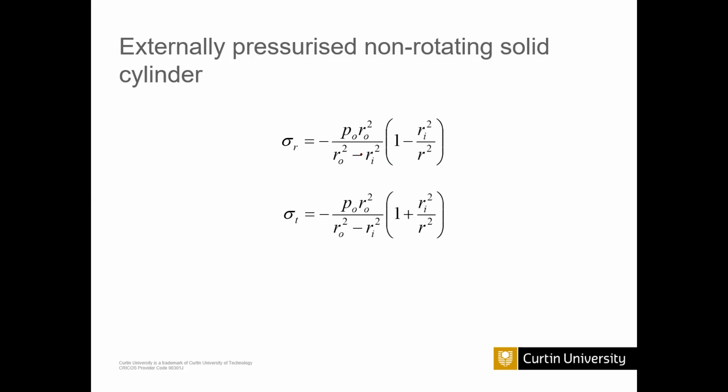This is the tangential one. If Ri is equal to 0, this term is also 0, and then R naught will cancel out, so it is minus P naught.